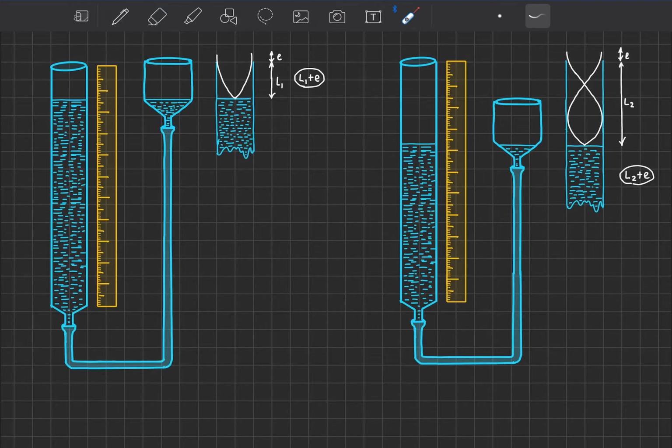The level of sound will continuously increase, and at one point we will get maximum sound. That maximum sound gives us the resonating condition, the length of the tube at which we are getting a standing wave. So when we get maximum sound, we know that there is standing wave formation.